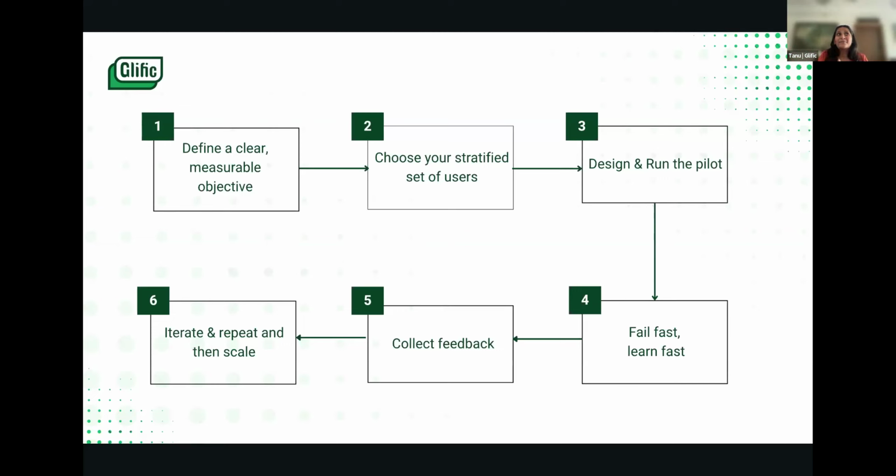Is it that they find the content too easy, that now I know everything you're sending me, so I don't want to interact? Or is it that I'm very overwhelmed with the information you're sharing, so I don't understand it and don't feel like engaging? Things like that are what you would look for in making inferences from the pilot.